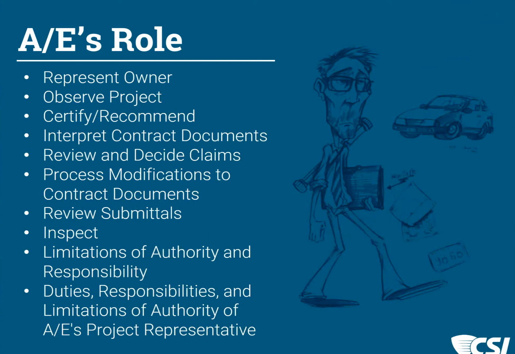And I'll go on and talk about modifications to the contract, and then we'll stop again here at the bottom of this list. So also, one of our roles is in evaluating any kind of substitutions or deviations from the contract documents. We all understand probably the word change orders or change order or field order.